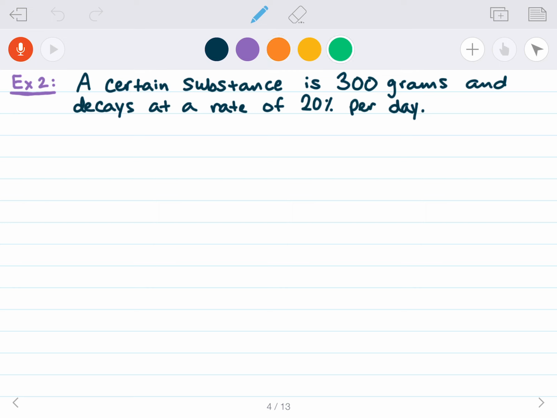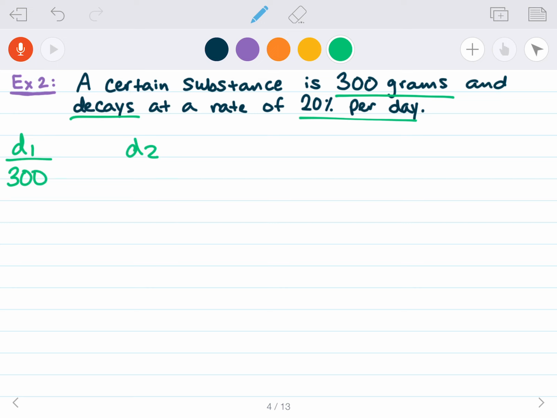So let's say that we have a certain substance at 300 grams, and it decays, or loses its substance, at a rate of 20% per day. So this is also an exponential function, but instead of increasing, we're decreasing. Let's draw this out. This is per day. On day 1, we have 300 grams of that substance.